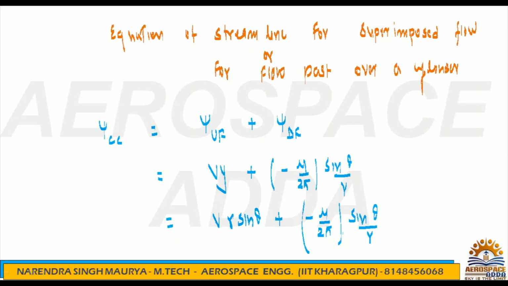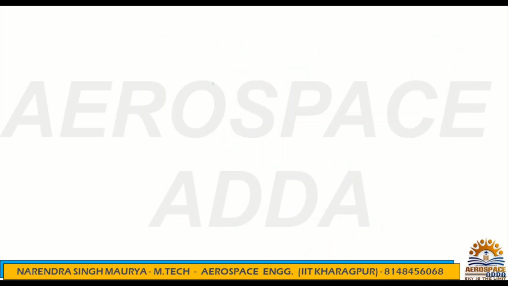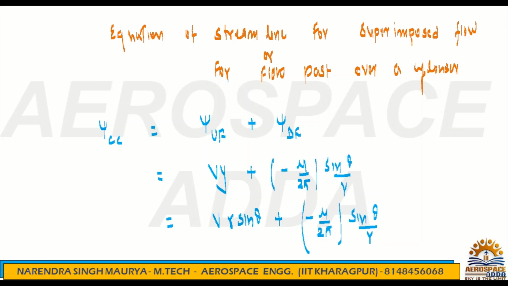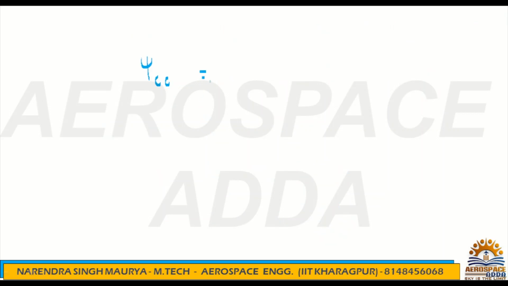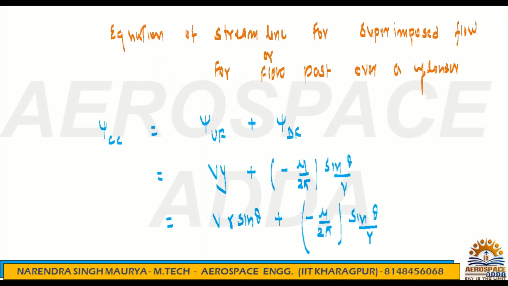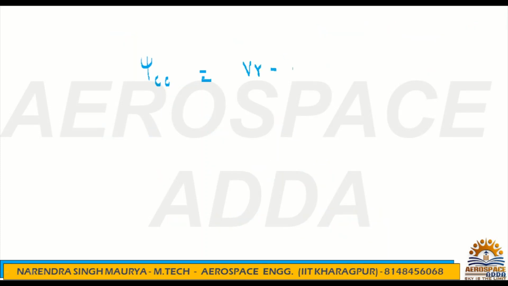Take sine theta common. So what will be psi CC? Psi CC means the circular cylinder stream function. You take sine theta common, so you will have V r minus mu upon 2 pi r, times sine theta. This is nothing but the psi value.